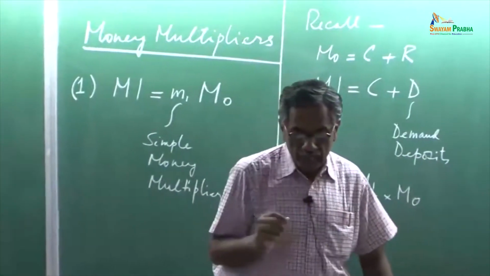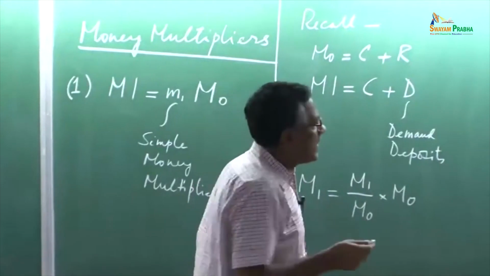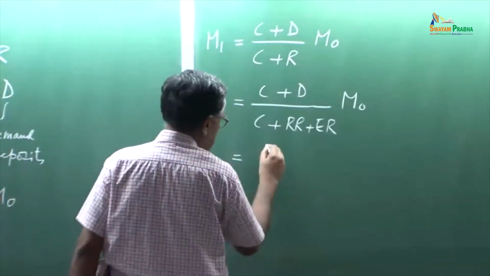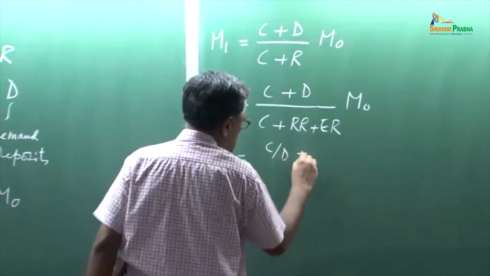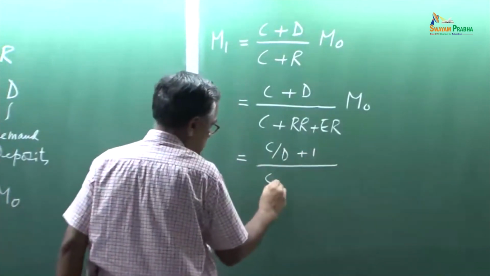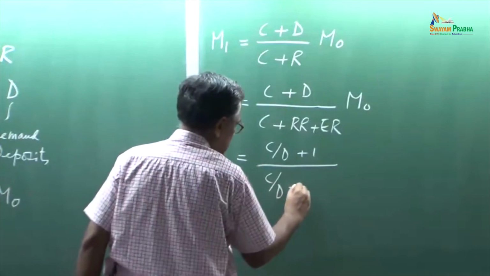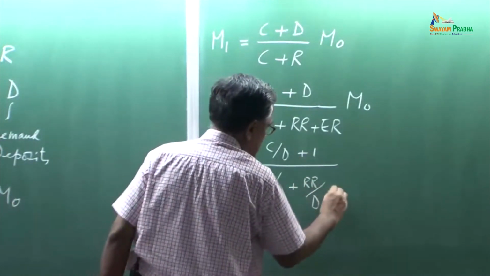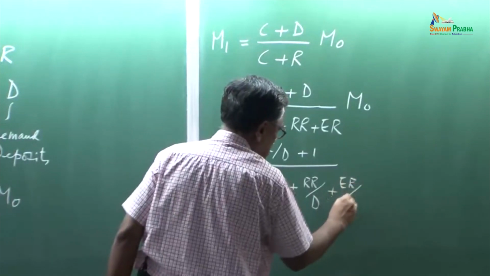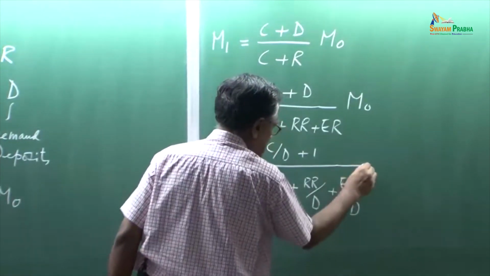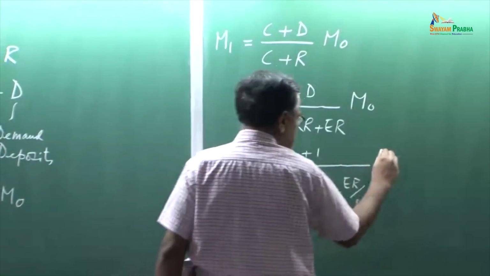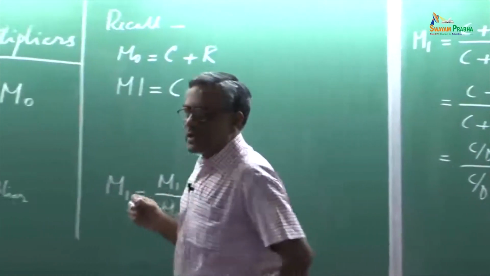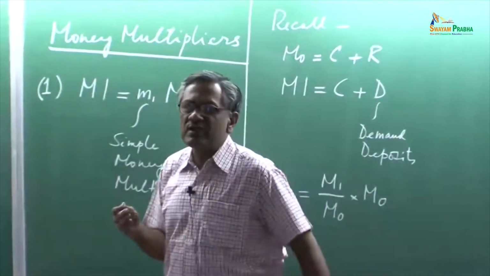All right? Okay. Now, divide numerator and denominator by D. So, what you have is C over D plus 1 divided by C over D plus RR over D plus ER over D. Now, as soon as you do that, you notice one thing. In economics, we call them behavioral assumptions.